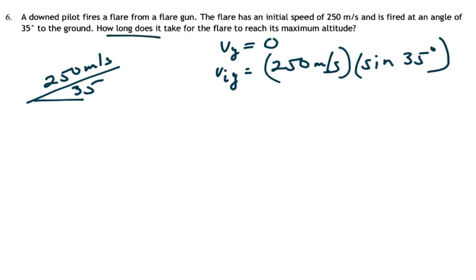You want time, and your final velocity in the y direction is equal to 0. I already have that. You want time, so you're going to be using delta v is equal to acceleration times time.